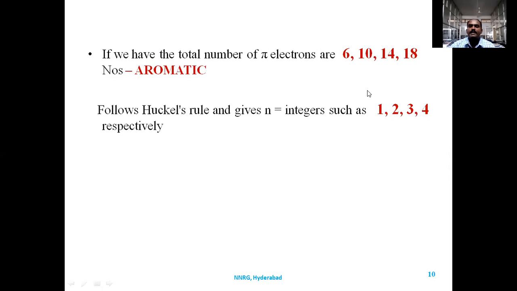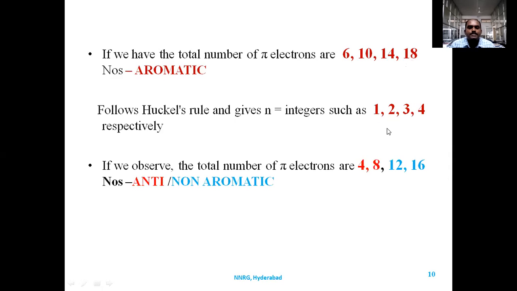If we have 10 electrons, n is equal to 2. If we have 14 electrons, as in anthracene, n is equal to 3. So it follows Huckel's rule, and all these molecules, benzene, naphthalene, anthracene, are aromatic in nature.